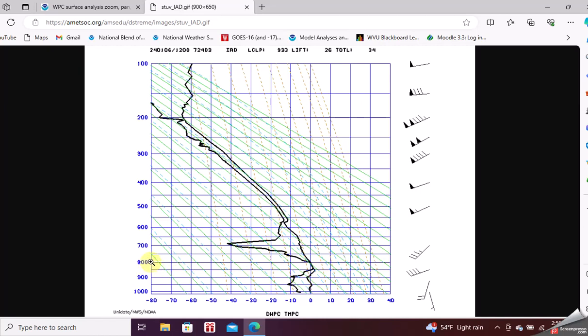If I told you I want to know what 800 millibars is, and I give you a temperature here, that temperature right there, and the dew point, notice it's plotted exactly the same. So they are right at that point. There is your temperature and dew point.